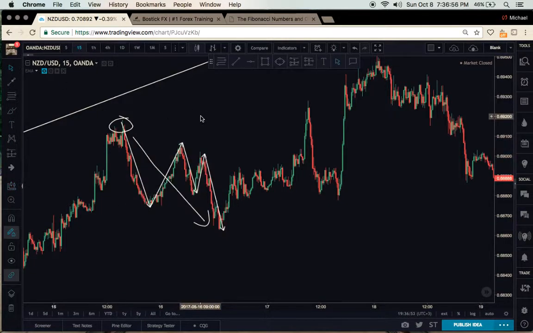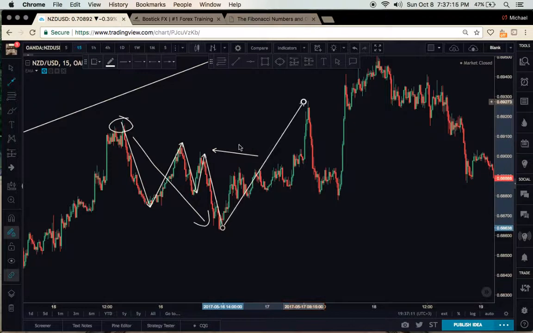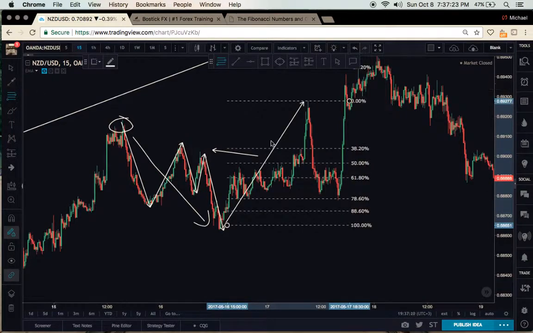So if you had this downtrend on the 15-minute chart, and that's part of the time frames that you look at, you would have wanted to wait until this 5-minute chart broke out of the structure and started creating an uptrend, which happened here, right? It broke out at that point and made a new high. And once it made that new high, now you can start looking at Fibonacci.